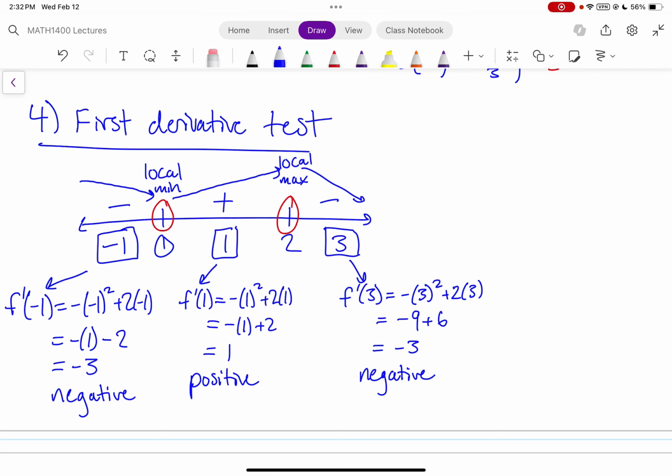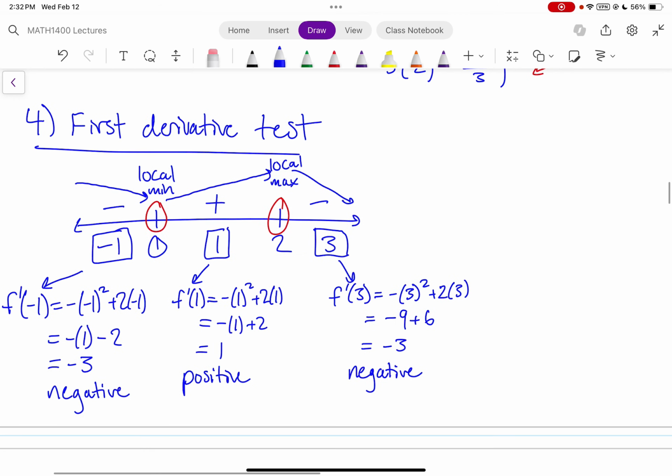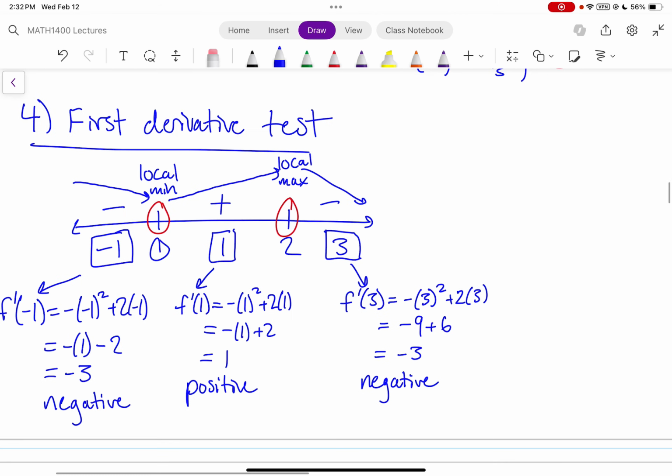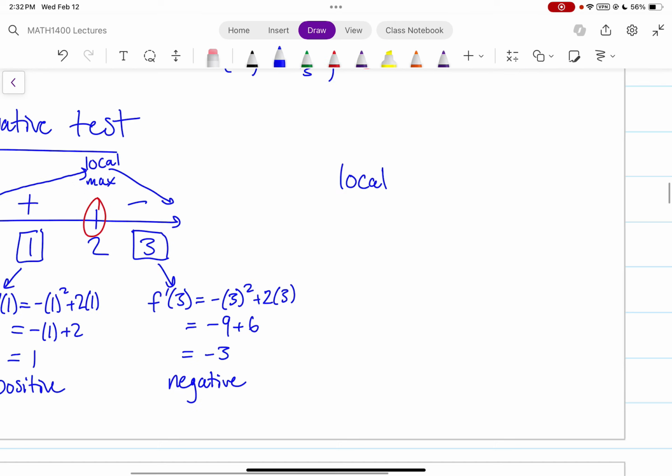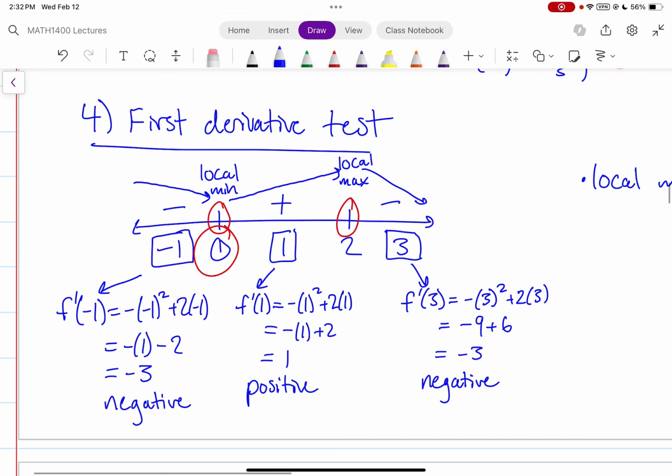It's sort of like a graph, but we're just getting the bare bones of what the graph of this function looks like. And so we have a local min at this critical value or critical point at 0. And it wants you to put the actual point itself, so not just 0.